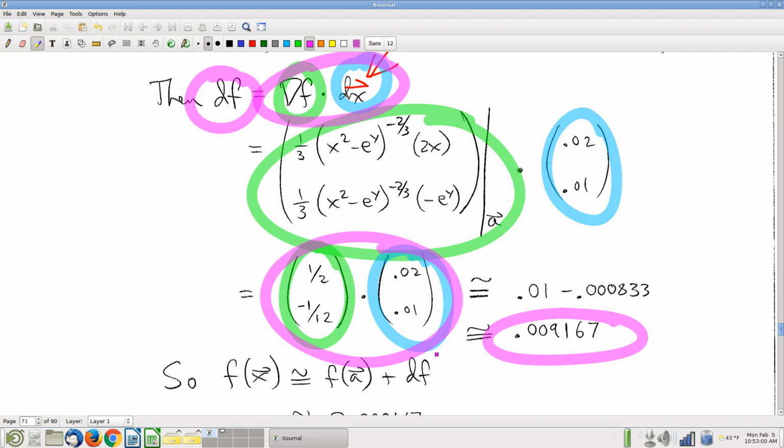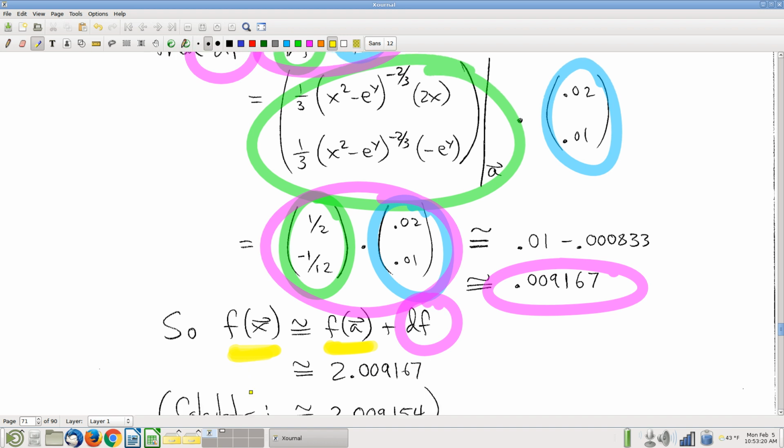So that's your differential. Now, very importantly, this is not the value of the function. This is not our approximation of the value of the function. This is our approximation of how much the function has changed. So that is what you have to add to f of a to get f of x. f of a is easy to compute. That's just 2.